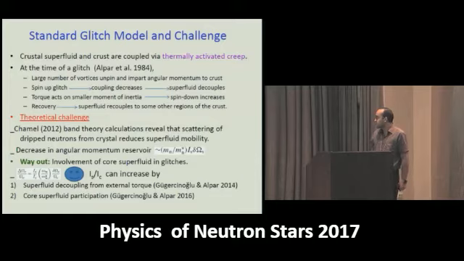In our recent works with Ali Alpar, we have shown that the IS over IC ratio can be increased by superfluid decoupling from the external torque, by which vortices are not released from the core, but affected by the spin-up glitch in the crust. And also in the larger glitches, the core superfluid can participate in some special circumstances.